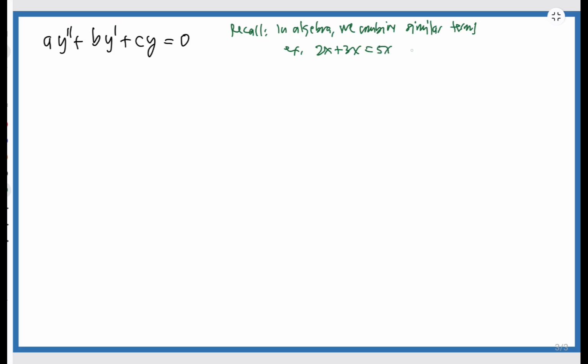If you have 3x plus 2y, we can no longer combine. The result is just 3x plus 2y. So here, if we can combine, in fact, the result should be 0, then y, y prime, and y double prime should be similar. Should be similar so that we can combine, right?